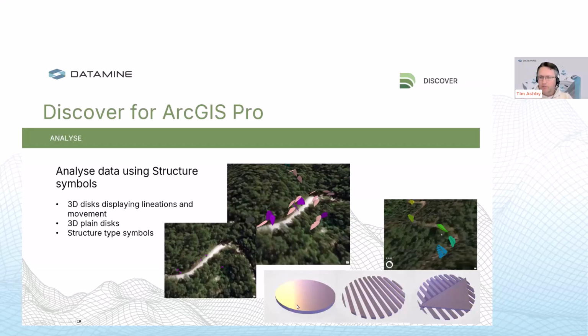You've got a simple plain disc just to show you the orientation, might be the dip and strike, dip and dip direction, whatever you're using. And also we've got a couple of other ones where it can show lineations and their direction, and also the lineation and the sense of movement, plus the dip and dip direction, or dip and strike. So it should cover most structural analyses that you require.